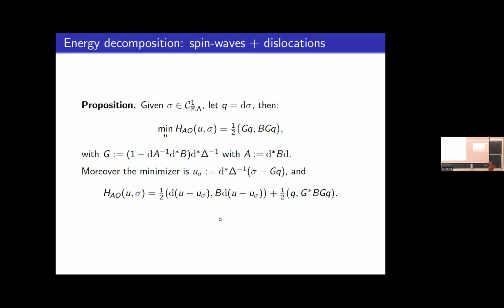But this is somehow just a translation. So once you recenter U, this part just depends on the dislocations. This part is called the spin wave part of the energy, and this is the dislocation part, the one that I already wrote. Okay, this proposition is really a key ingredient for the understanding of our theory. It is at the basis of this exact decomposition of the energy into spin wave excitations and dislocation excitations, as I will try to explain.